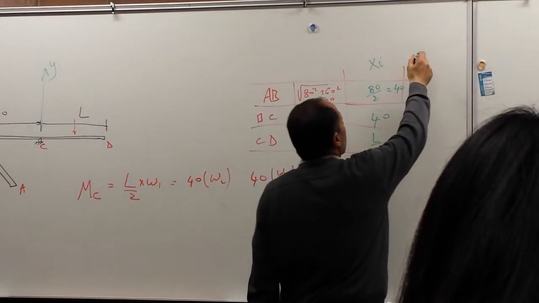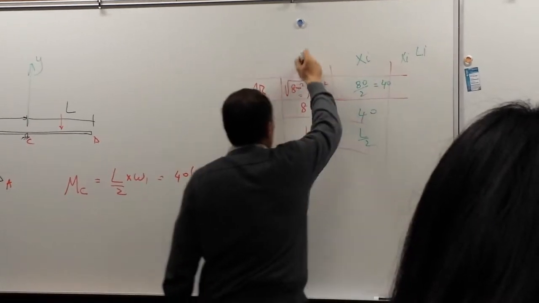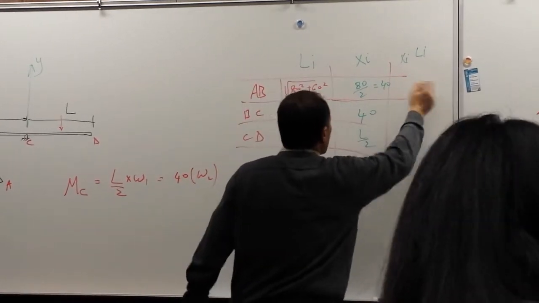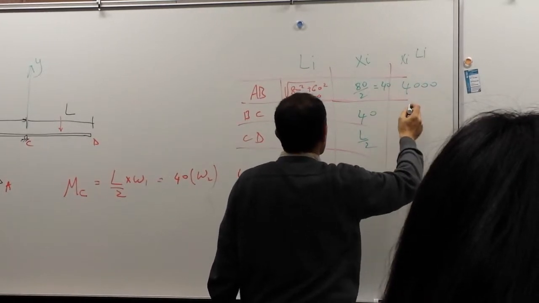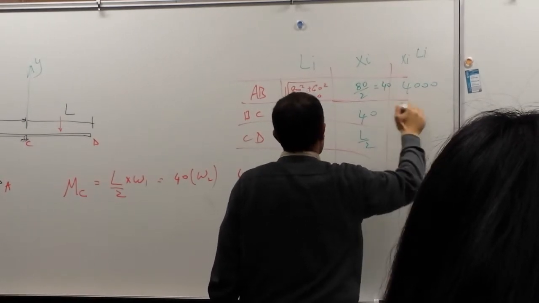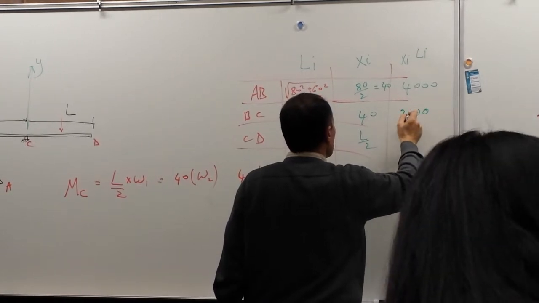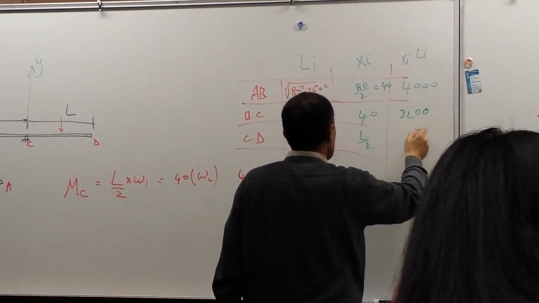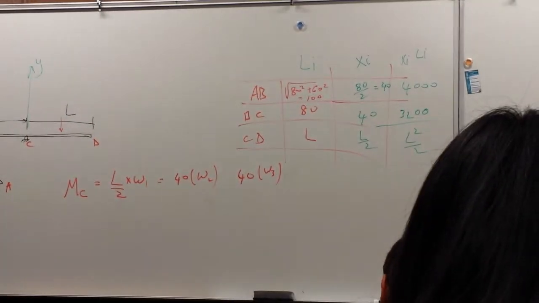Then if I want to go xi, li, because this is the li, you get the numbers here. 4,000 here. Yes. This is 3,200. This is L squared over 2, and so on, if you want to deal with it like this.